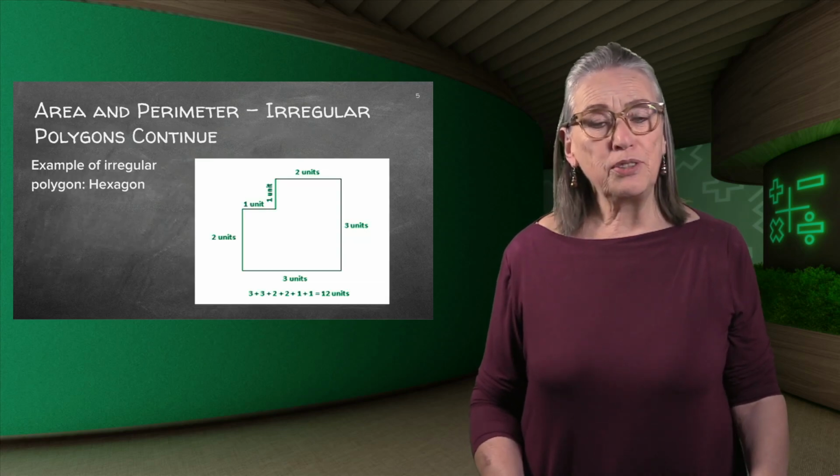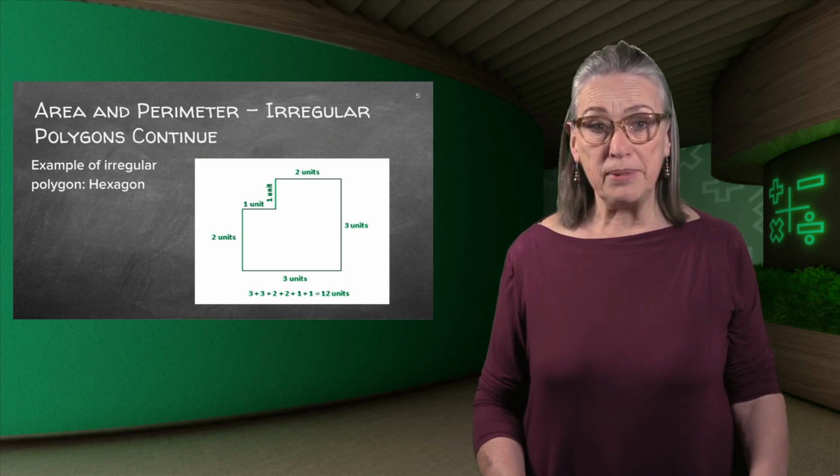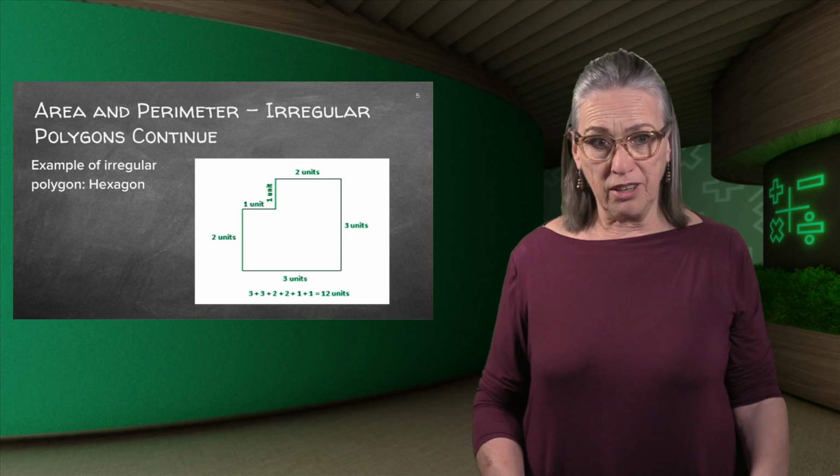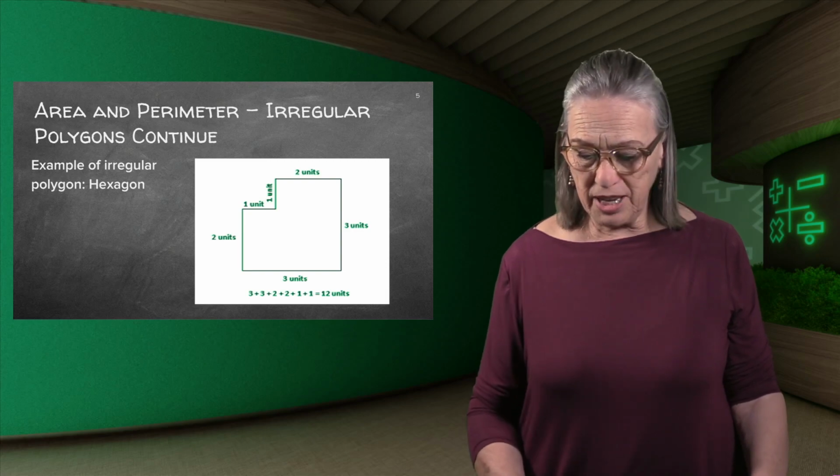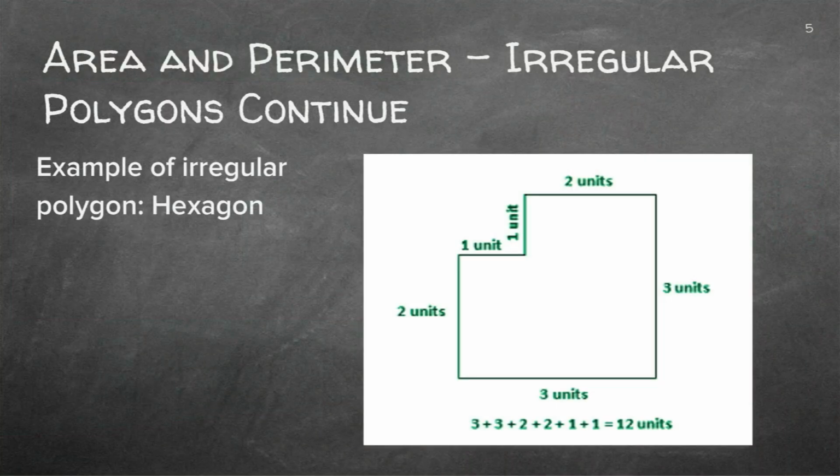If we have to work out the perimeter of this polygon, remember we just have to add up all the sides, the measurement, the length of all the sides, okay? So this I've just put in units. It can be centimeters, meters, whatever, right? The one thing that you must remember is count your sides.